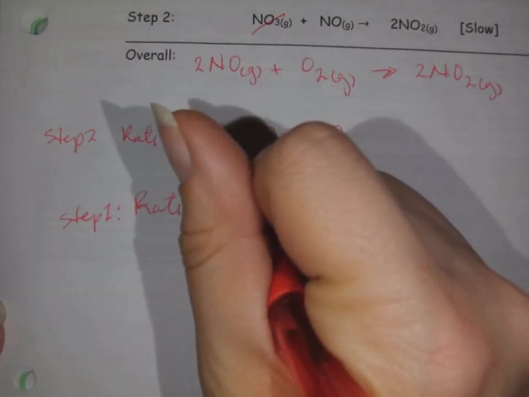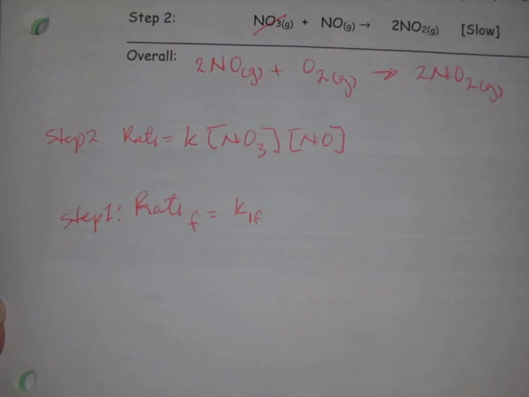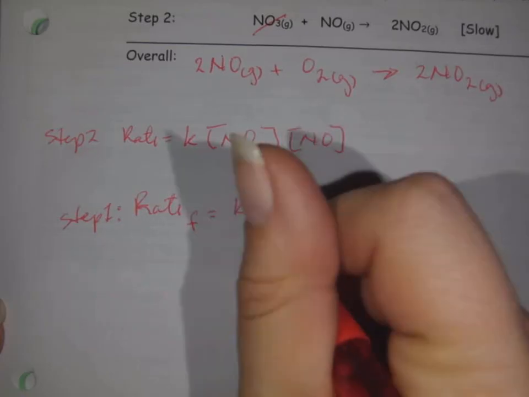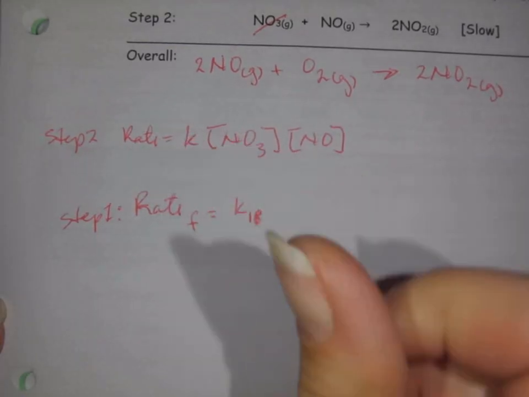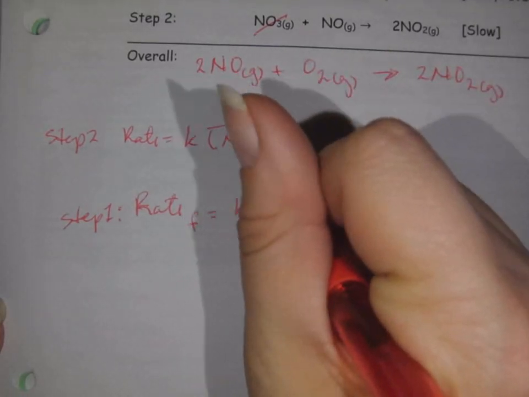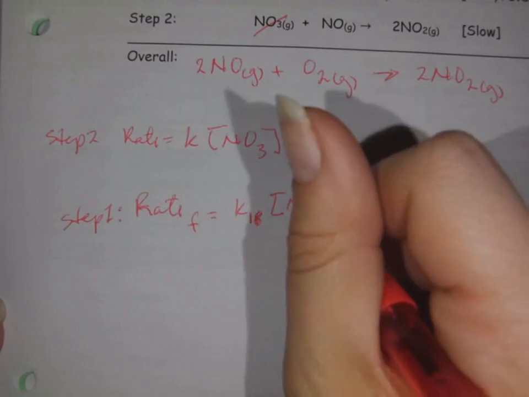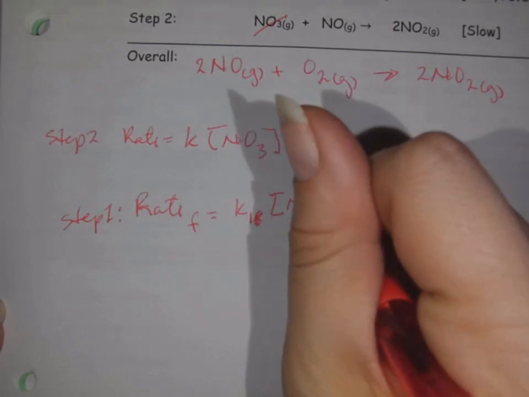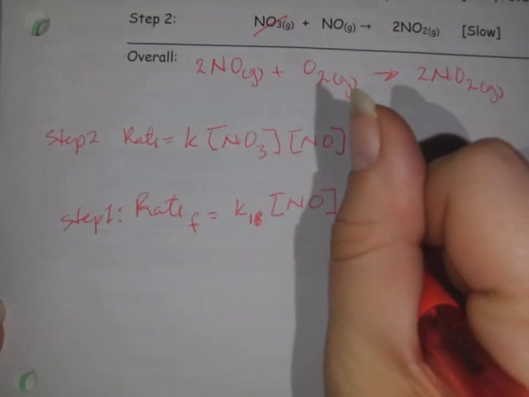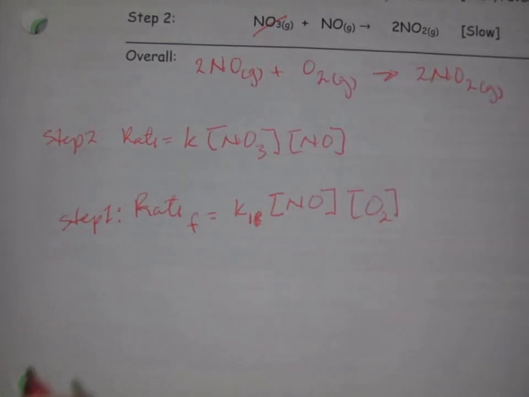And this would be K1, let's call it forward, 1 forward. Same. Yeah. So K1, it will be concentration of nitrogen monoxide, O2, like that. Okay.